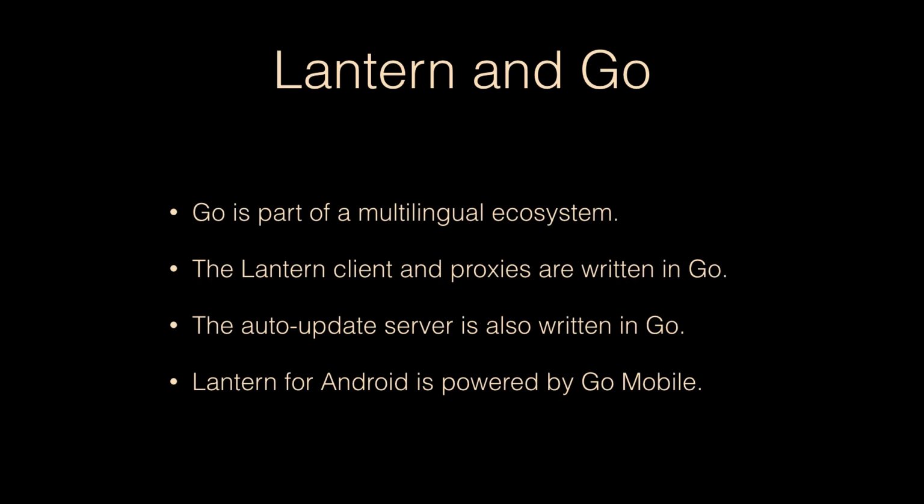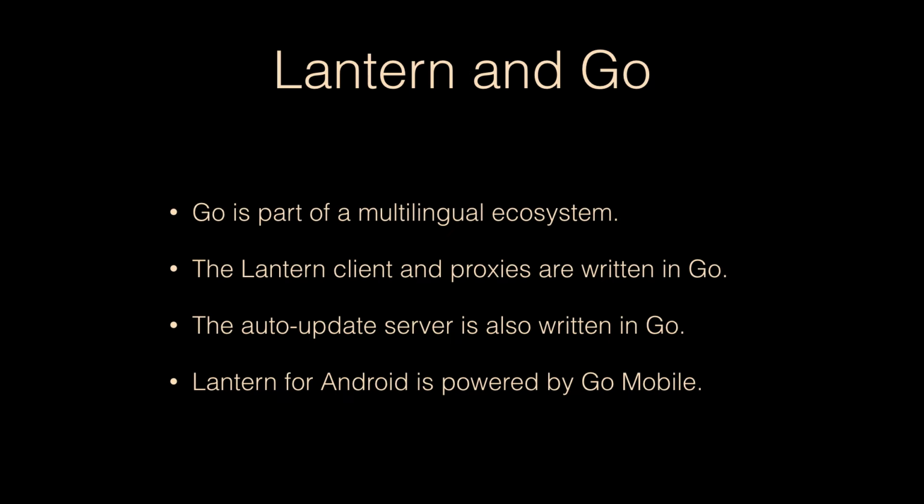And what does this have to do with Go? In Lantern, Go is part of a multilingual ecosystem. We also use JavaScript, Clojure, Python, and whatever we need to get the job done. Both the Lantern client and proxy servers are open source and are written in Go.